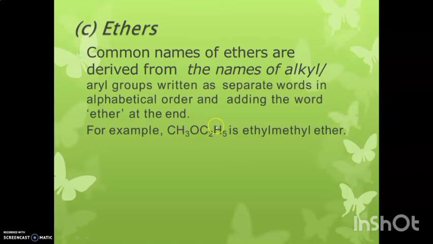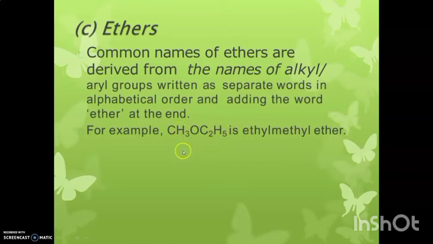Here one ethyl group is attached to oxygen and a methyl group. Two types of groups are there, so we have to follow the alphabetical order. E will come before M, that is ethyl will come before methyl. So it will be ethyl methyl ether.